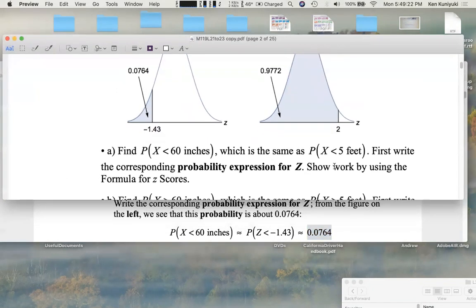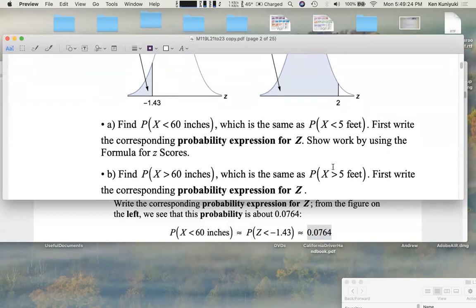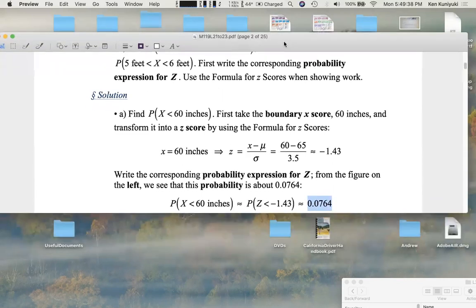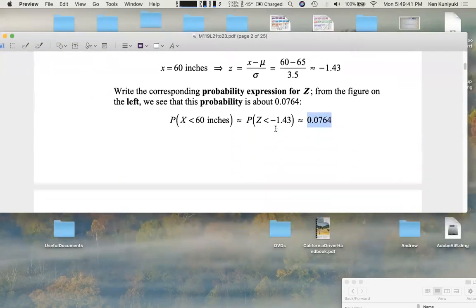Okay, the next part: find the probability that this random adult American woman is taller than 60 inches, or 5 feet, and write the corresponding probability expression for Z, the standard normal.